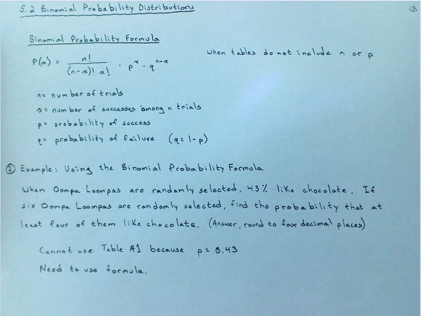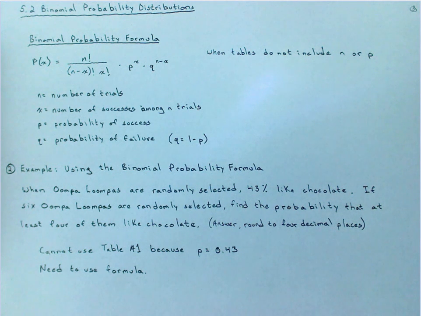So we have a problem here, and for this example we're using the binomial probability formula. When Oompa Loompas are randomly selected, only 43% like chocolate. If 6 Oompa Loompas are randomly selected, find the probability that at least 4 of them like chocolate.